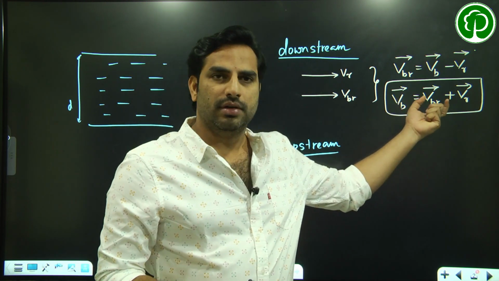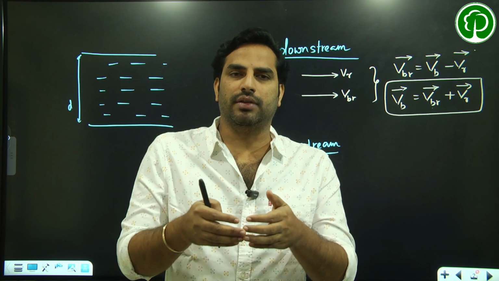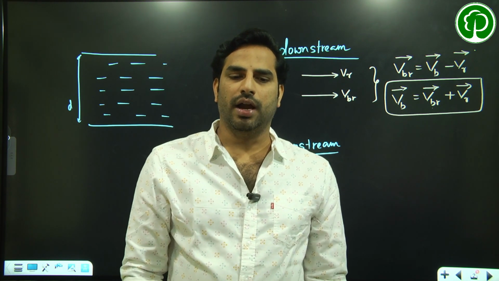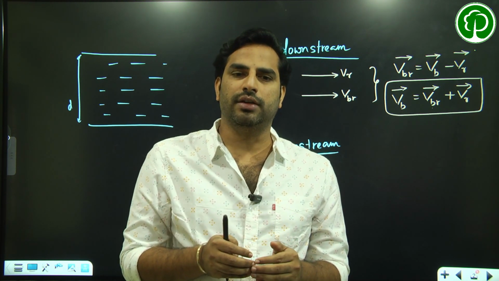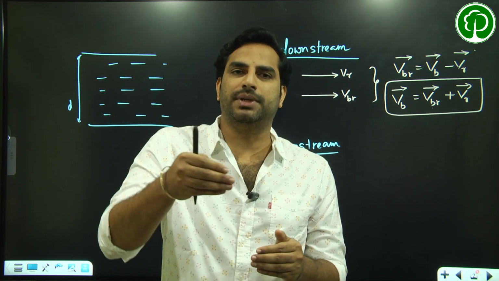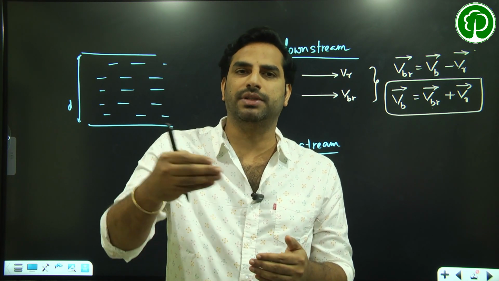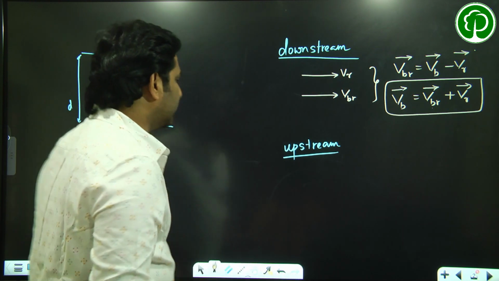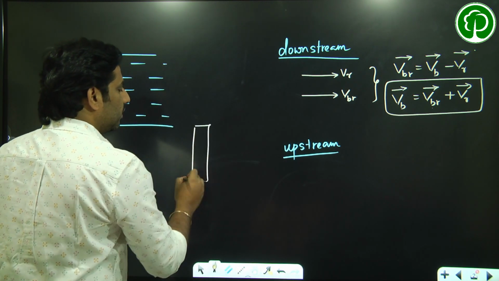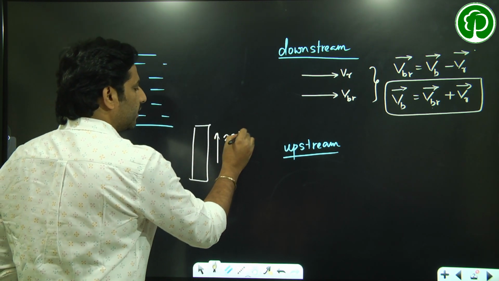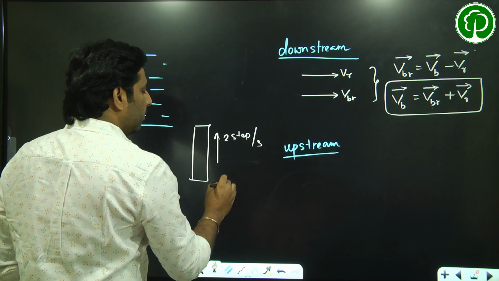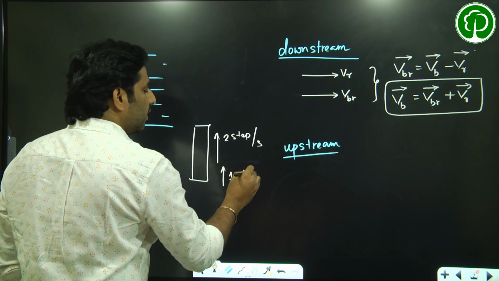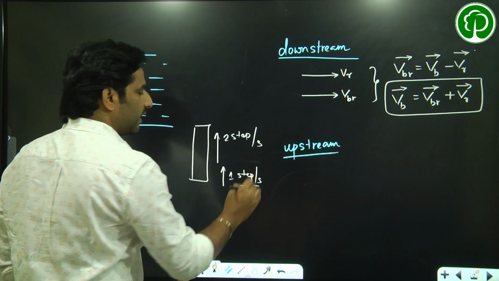VBR. Or for example, you are standing on an escalator, and on escalator you are trying to move like 1 step per second. You're going up at the rate of 1 step per second. An escalator is going up at the rate of 2 steps per second. And with respect to escalator, you are going up again at the rate of 1 step per second.